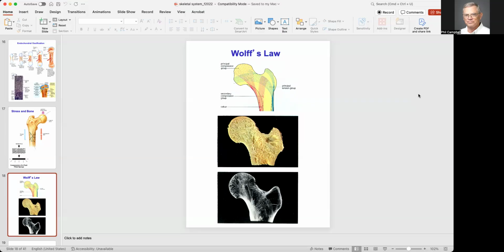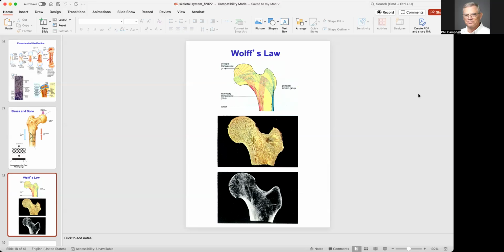He would say, well, there's a pattern to this bone, all right? And he contemplated the patterns, and he was able to say that, well, wait a minute, we know a little bit about stresses, and there seems to be more bone where there's expected to be more stress applied, and hence Wolff's Law, all right?